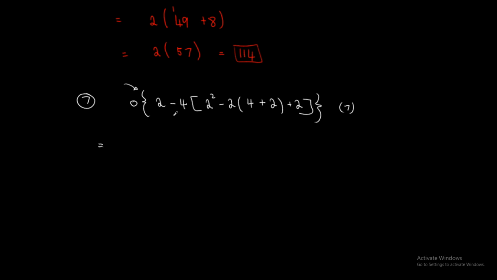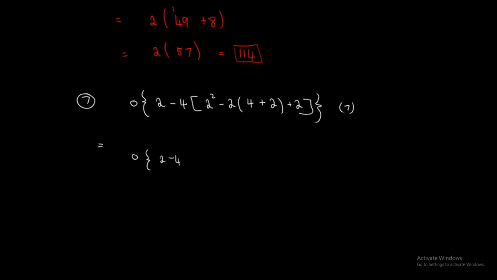Let's move outwards. I'm going to first solve this parentheses. We want to work from the inside out. We want to solve the most inner bracket, then the second most inner bracket, then the final bracket.